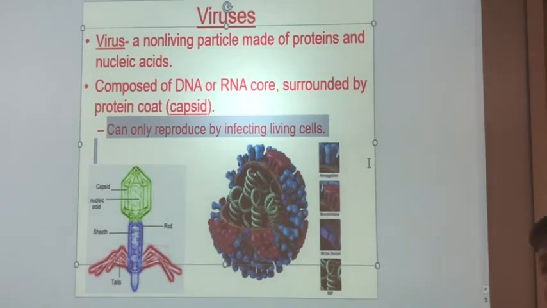HIV, which we're going to be talking about quite a bit actually, will attach to an immune cell and attach to a specific receptor called a CD4 receptor. Most other cells don't have that CD4 receptor.